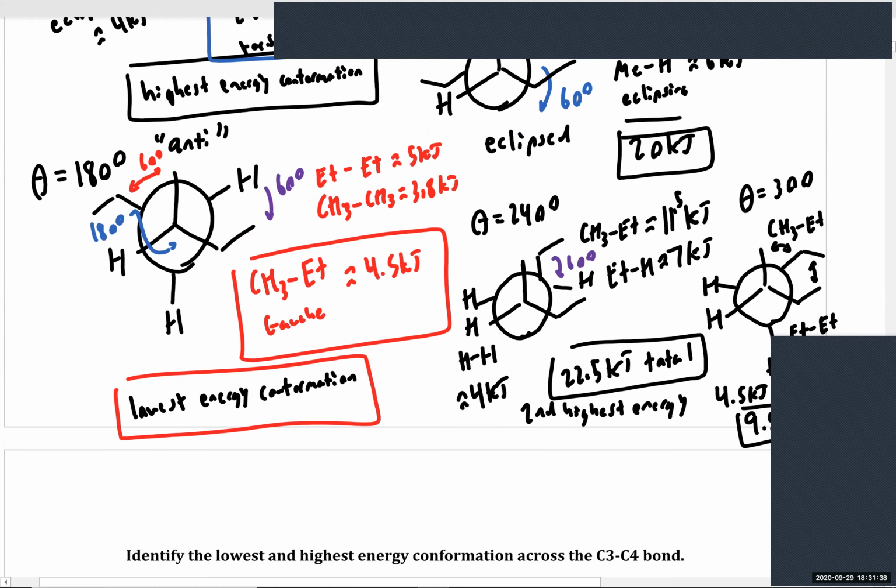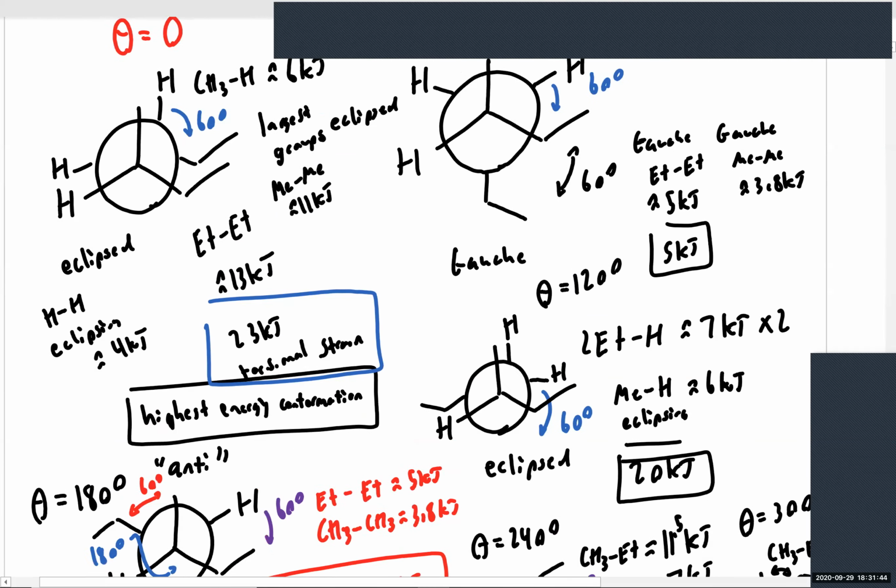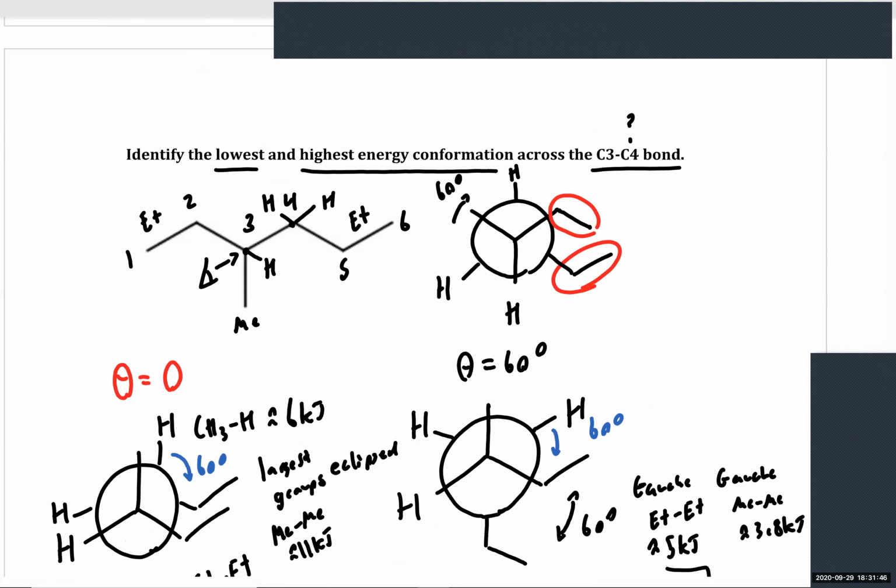So outside of these additional conformations, what I really want you to focus on is if the problem asks you to identify the lowest and highest energy conformation, your lowest energy conformation will have 180 degrees dihedral angle.